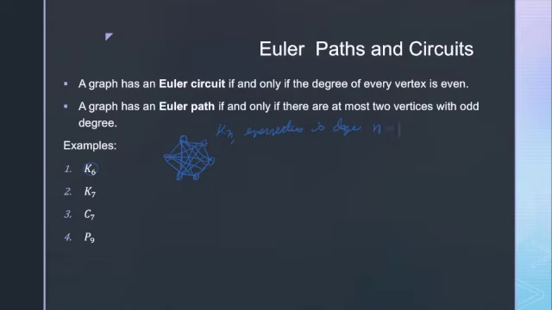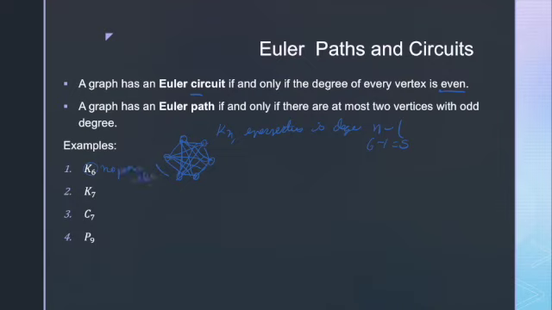So in K6, every vertex is 6 minus 1, which is 5. So it's not going to have an Euler circuit because every vertex is odd, not even. And it's not going to have an Euler path because there are actually 6 vertices of degree 5. So for this, it's going to have no path or circuit.